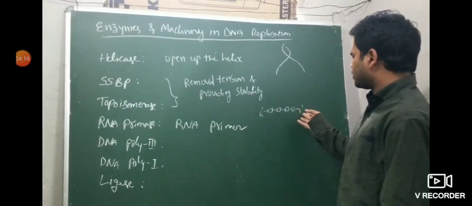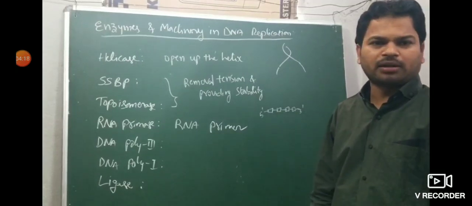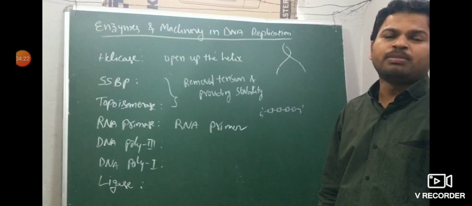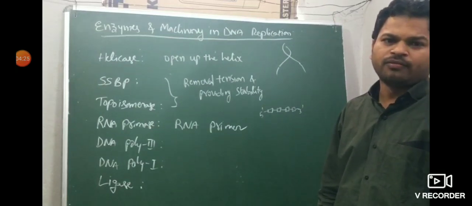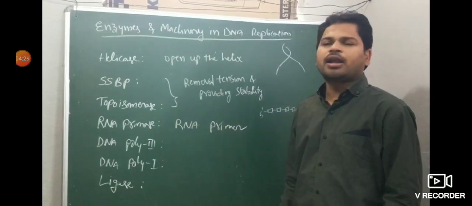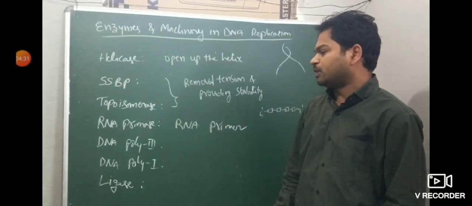One end is 5 prime, another end is 3 prime. RNA primer is required for DNA replication for more stability, and it is synthesized by RNA primase enzyme.